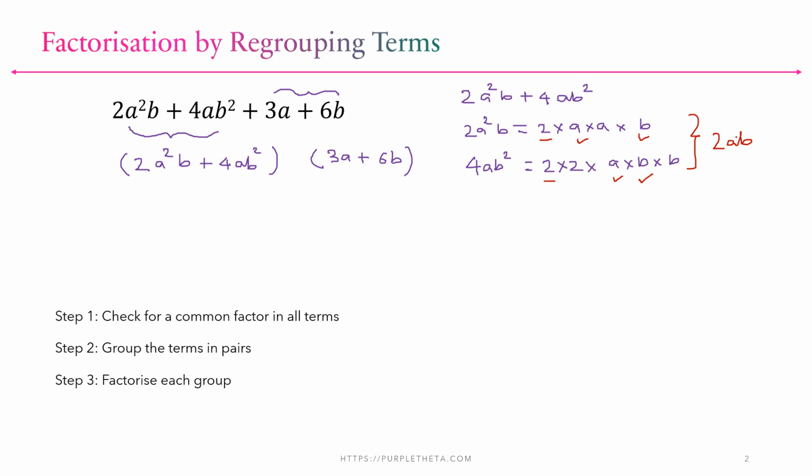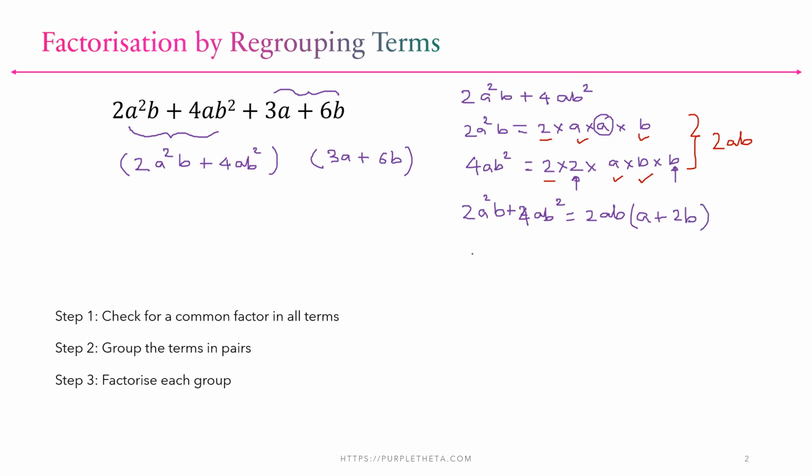So we take out 2ab. So 2a square b plus, sorry, 4ab square is equal to, we have taken out 2ab, and in the bracket we will have, from the first term this a is left, so I will write a in the bracket, plus from the second term we have 2 and this b is left, so I will write 2b, right?